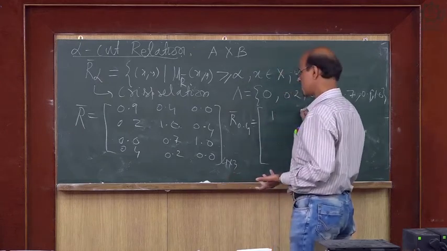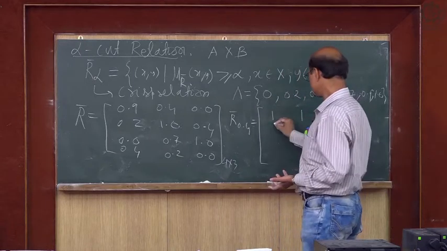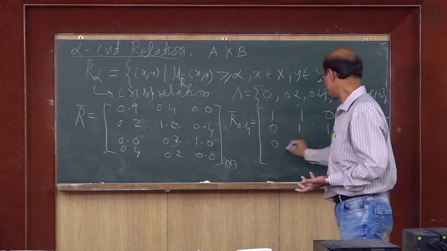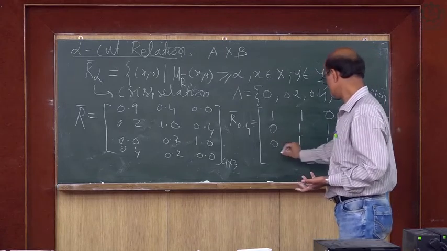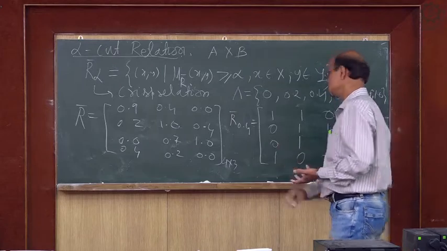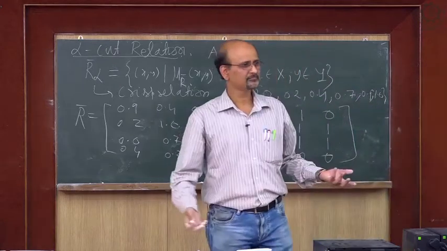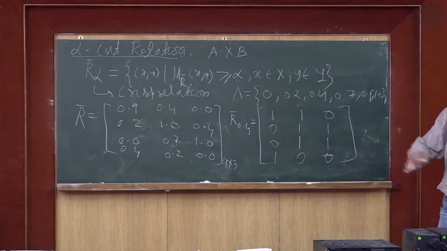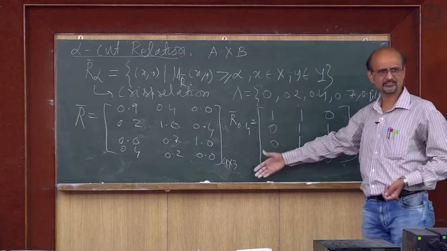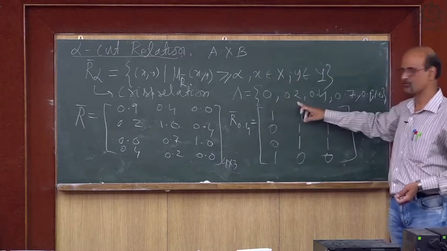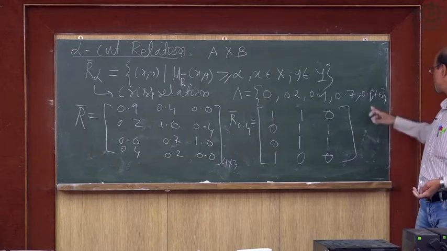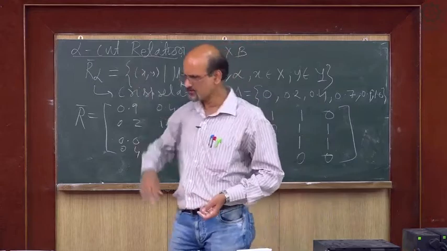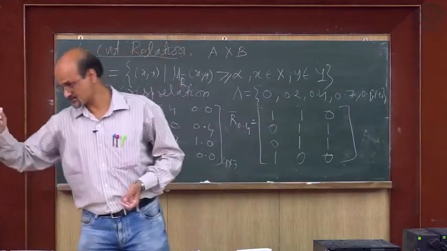So, 0.4 again 1, then 0, 0, 1, 1, 0, 1, 1, 1, 0, 0. Very simple. Okay. This is the alpha cut relation. So, if you have understood, you can write all these alpha cut relations, whether R bar 0, 0.2, 0.4, 0.9, 1.0. Very simple, as we did for the alpha cut set of a fuzzy set.